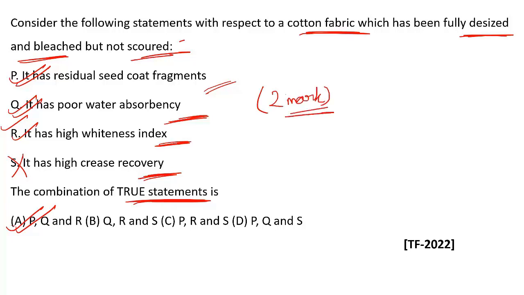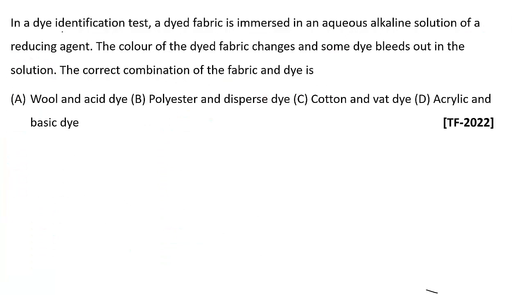So coming to the next question. The next question is a typical dye identification test method. In this question it is said that in a dye identification test, a dyed fabric is immersed in an aqueous alkaline solution of a reducing agent. The color of the dyed fabric changes and some dye bleaches out in the solution.